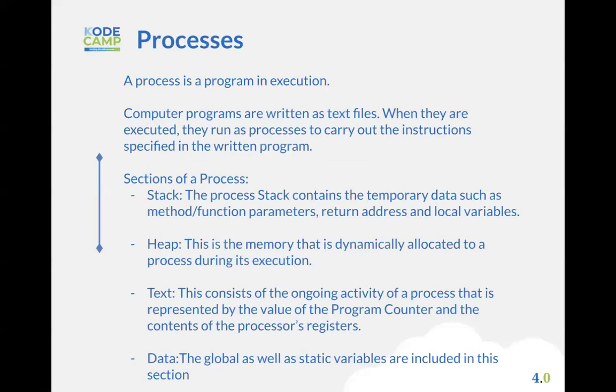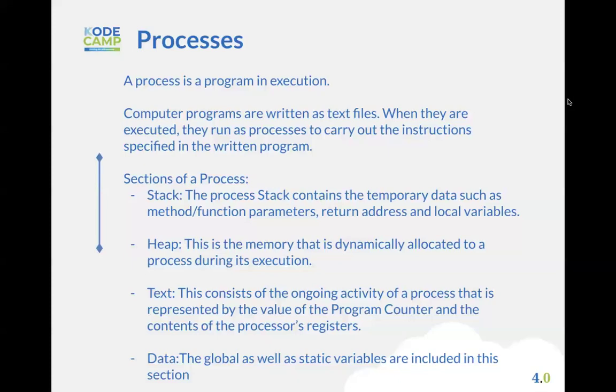Executing that program creates a process that the operating system now needs to manage and pass on to the processor to run and execute the instructions and tasks written in the program, which is now running as the process. The process is simply understood as a program in execution.